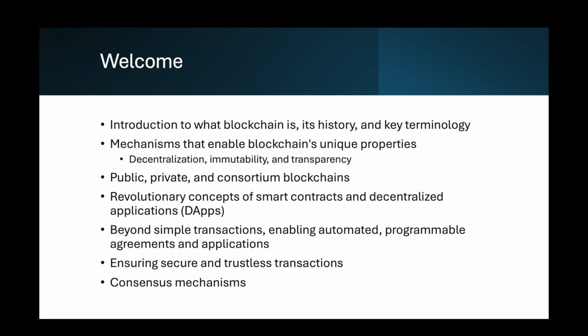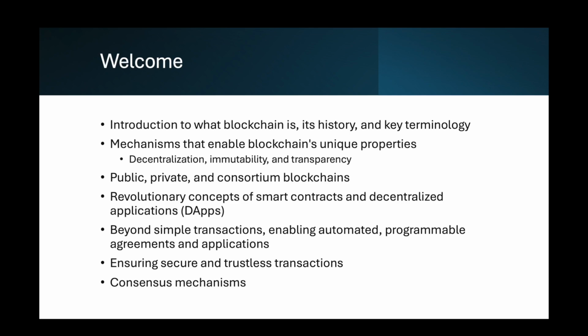Starting with an introduction to what blockchain is, its history, and key terminology, this course delves into the mechanisms that enable blockchain's unique properties: decentralization, immutability, and transparency. You'll learn about different types of blockchain networks, including public, private, and consortium blockchains, and understand their respective advantages and use cases.